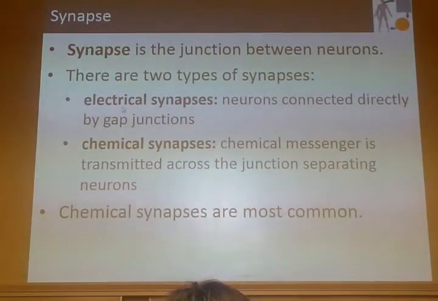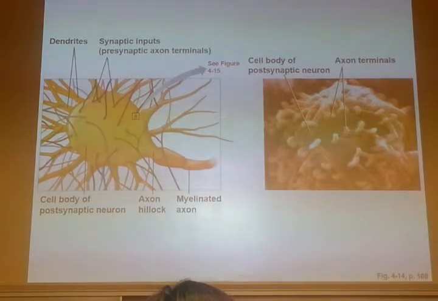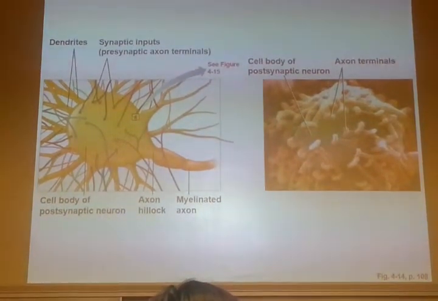Whether the current flows through a gap junction or it's created by channels opening because ligand bound to them, you get the same effect. You get a change in the charge inside the cell. So one cell body and its dendrites are probably receiving close to 1,000, if not more, synapses from various neurons.